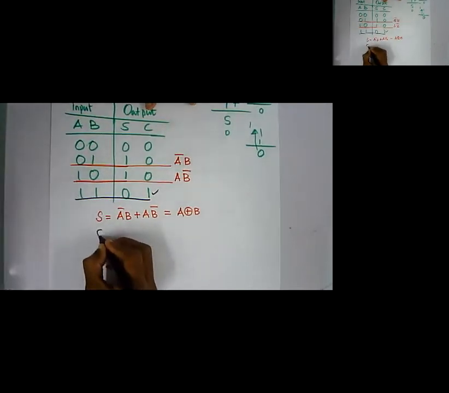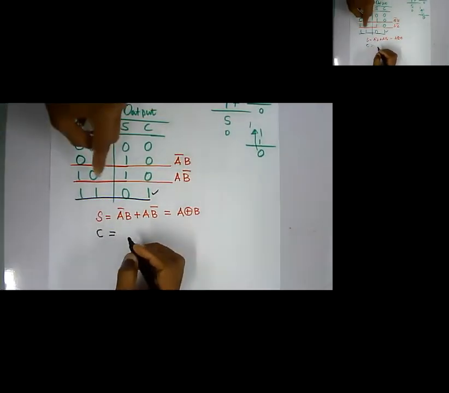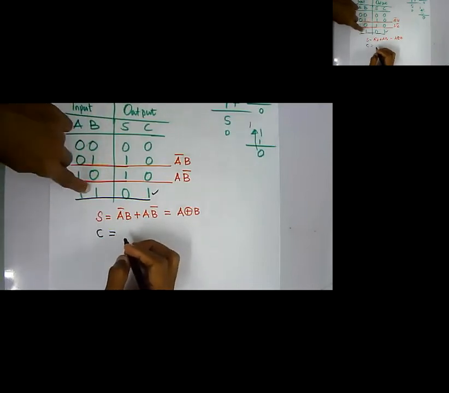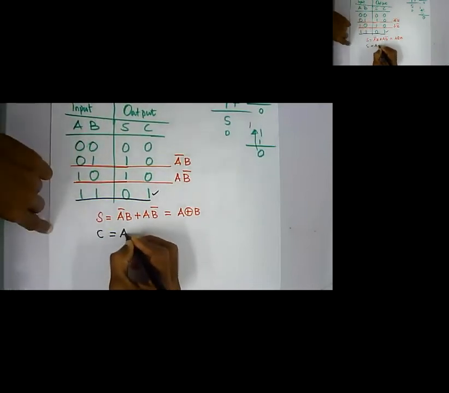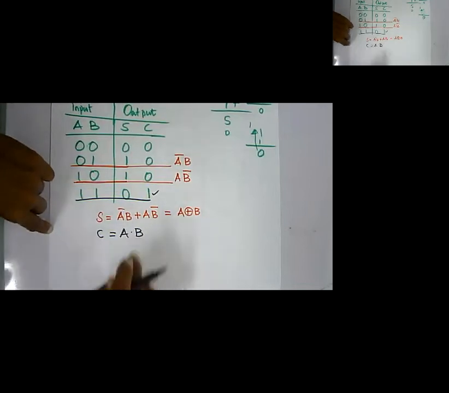Carry has only one 1, which is when both A and B equal 1. So my carry C is equal to A dot B, which is an AND gate.